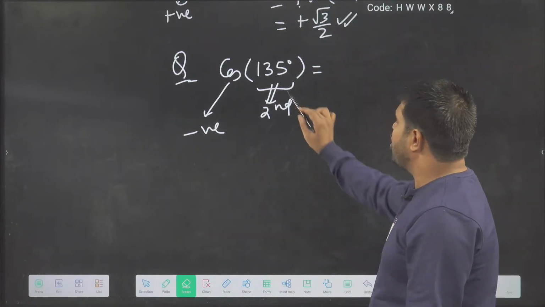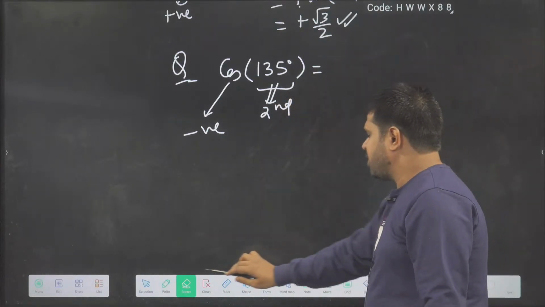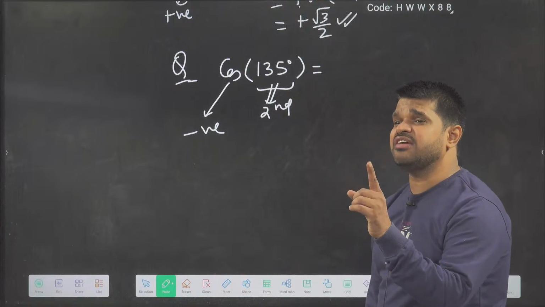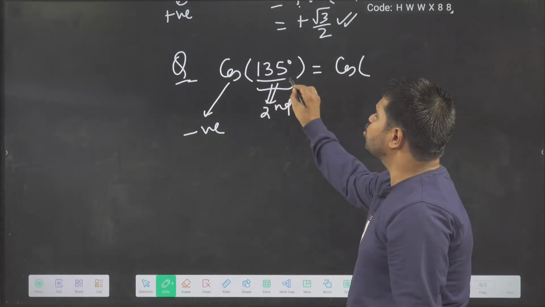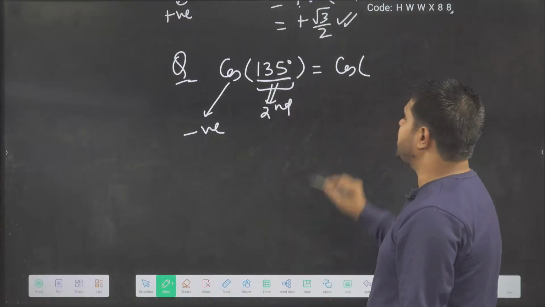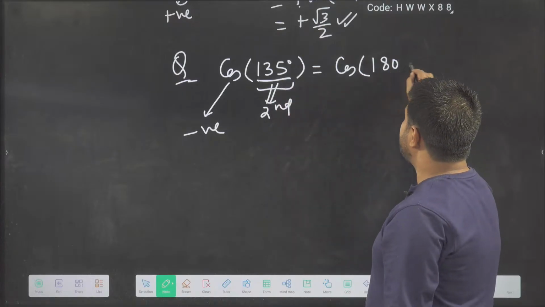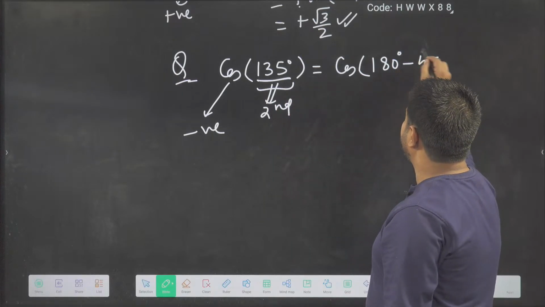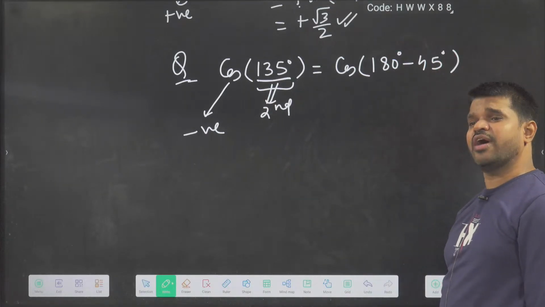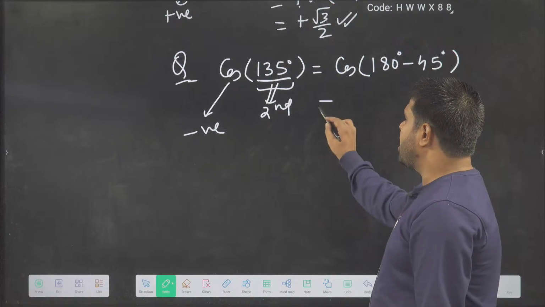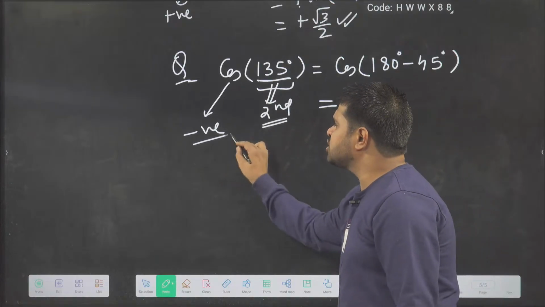Now see, 135. How to write 135 using 180? 180 minus 45. 180 minus 45 will be what? 135. Okay, now in second quadrant cos will be negative.